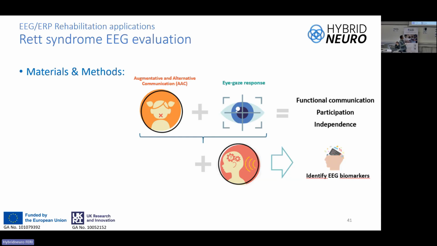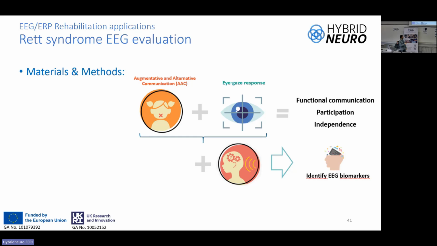So in this case, we have a link with some software for stimulating this kind of behavior disease, and we also use the eye gaze in order to be sure that the patients are following the task.